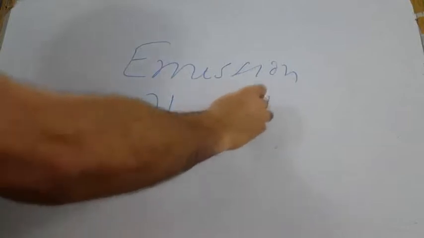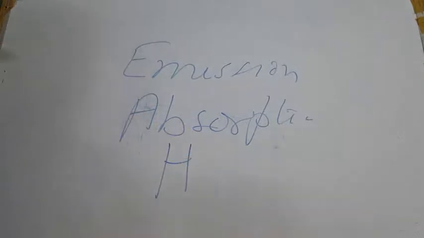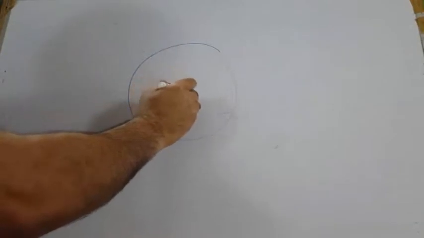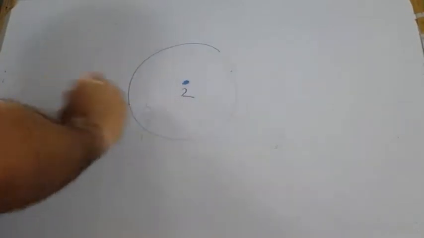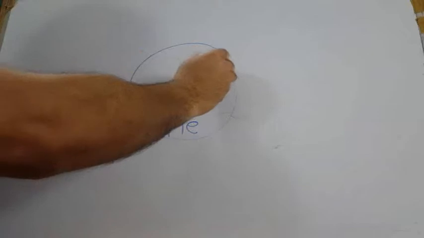Therefore, in this way, Bohr could explain the emission and absorption spectrum of the hydrogen atom or hydrogen-like species. Hydrogen-like species means single-electron species. For example, this is say helium, with 2 protons and 2 neutrons. If helium is ionized, then only 1 electron is left.